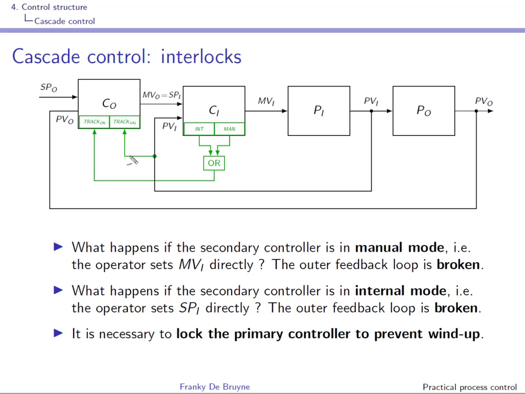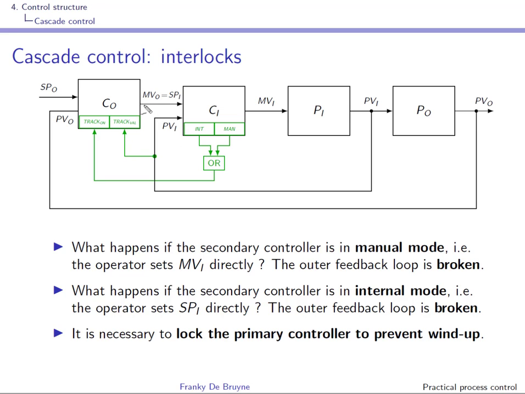What we still have to decide on is this track value. Remember that the output of this outer controller is going to follow this signal, and what you can do is use the inner process value as a tracking value.